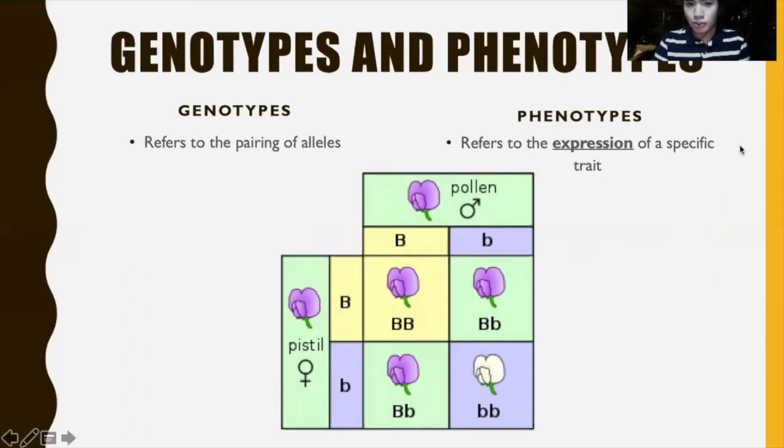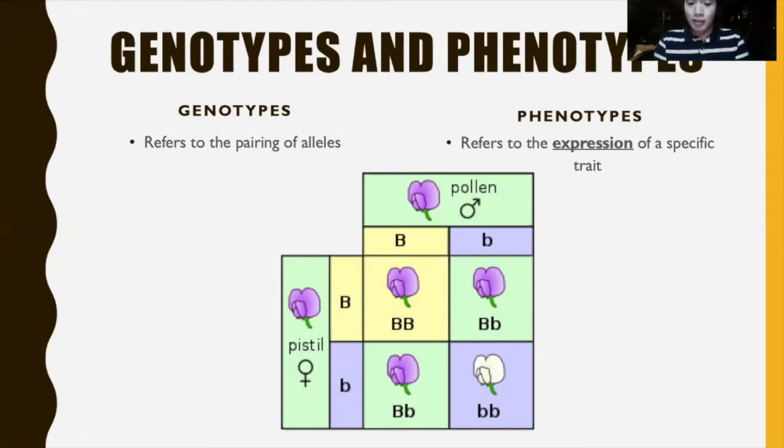Next, let's go to genotypes and phenotypes. Genotypes refer to the pairings of these alleles, and phenotypes refer to the expression of a specific trait. Therefore, phenotype is what you can see with the naked eye. Genotype is more of a theoretical concept of these pairings. So you have uppercase B in the Punnett square and lowercase b.